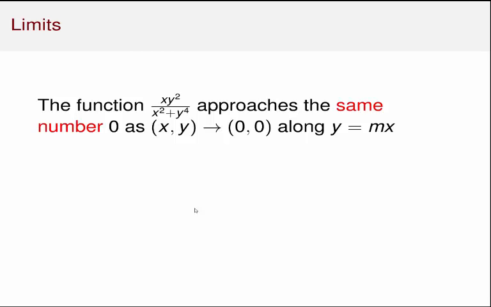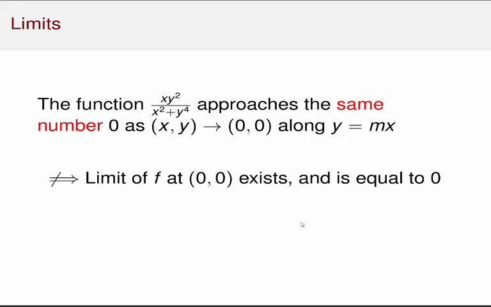Alright, before we continue, here's an important remark. The fact that our function approaches the same number 0 as (x, y) approaches the origin along any straight line doesn't say anything at all about the limit of our function at the origin. In other words, up to this point, we just do not have enough evidence for any conclusion.